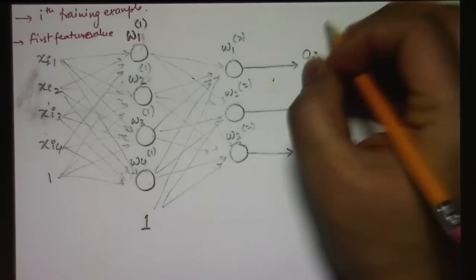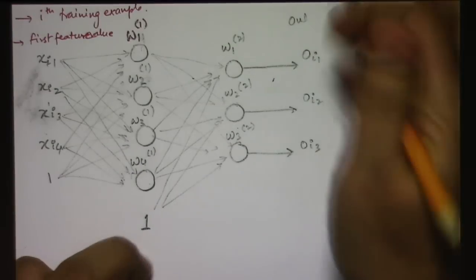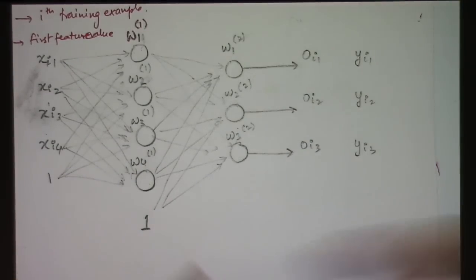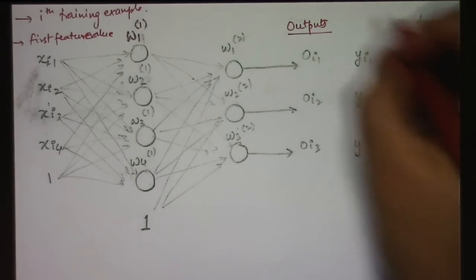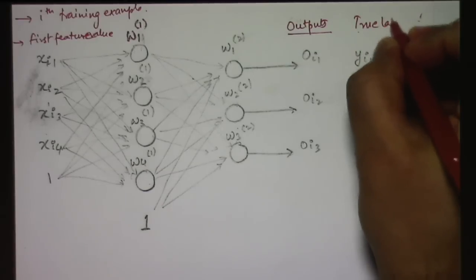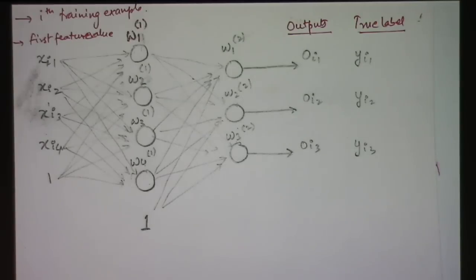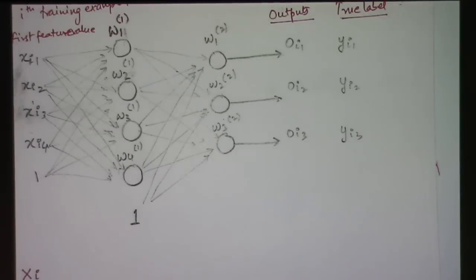So these are my outputs, and this is my true label. This is one part that you have to be a little careful about. Remember, our training data will look like this: we'll have an example xi, which is a vector of all the features, so it is in R to the d.